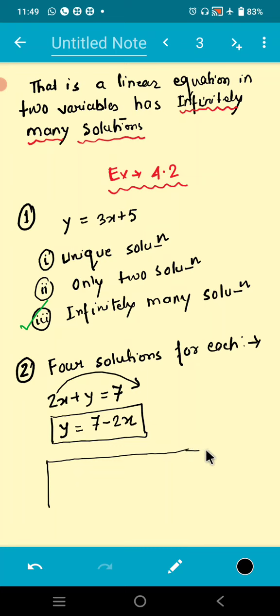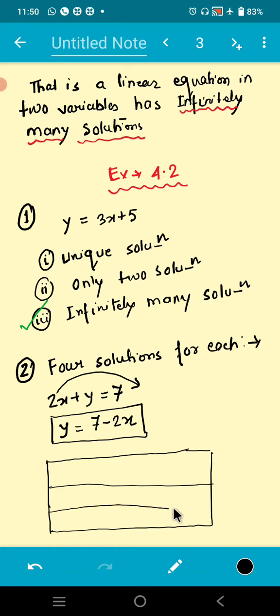Now you have to make a box, students. You have to make a box like this. You have to make 3 rows.